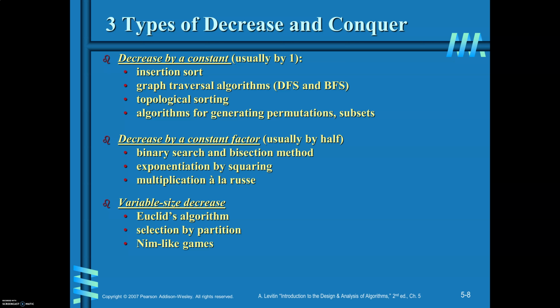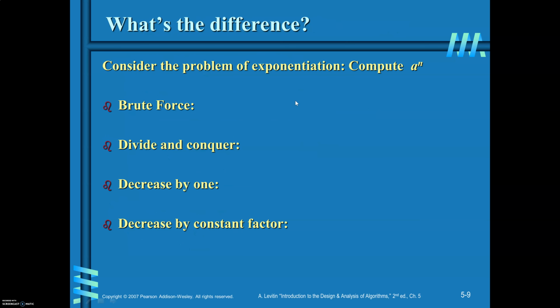So in this chapter, we are going to study these algorithms, that is insertion sort, graph traversal algorithms, topological sorting, and algorithms for generating combinatorial objects.